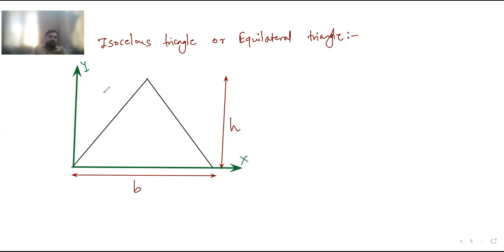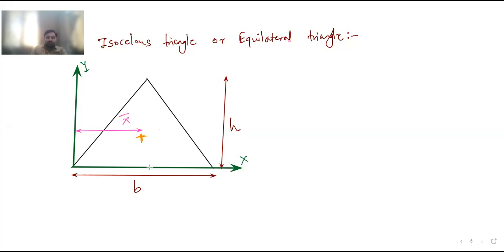Okay. So now the center of this triangle will be situated somewhere here. The distance of the centroid from y-axis, it is called as x bar.